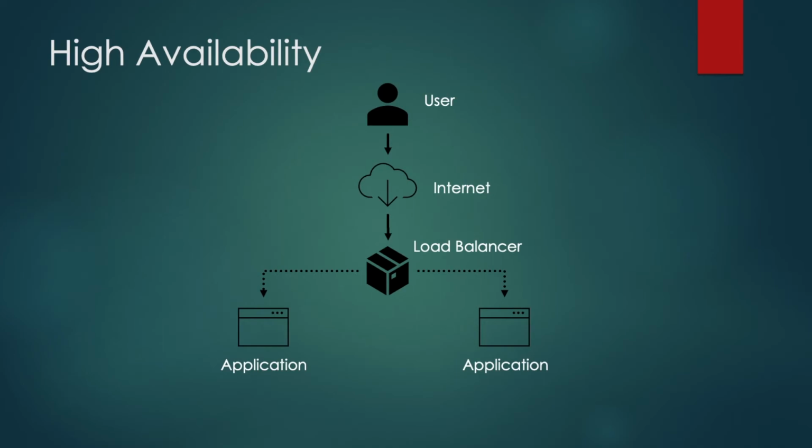There is a concept called regional duplication, where you can duplicate your instances in different regions. So if one of your regions goes down, you can still get the services from a different region. That is the main concept of high availability.